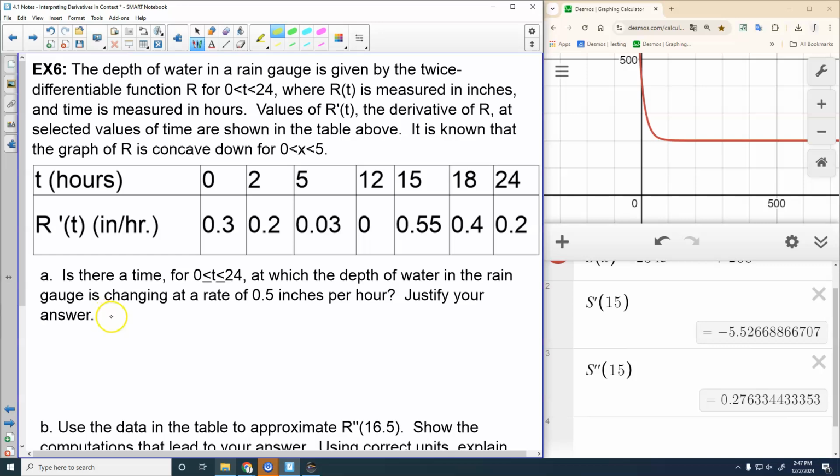So we would say that, first we will get a pen instead of a highlighter, R prime of t is continuous since R is twice differentiable.